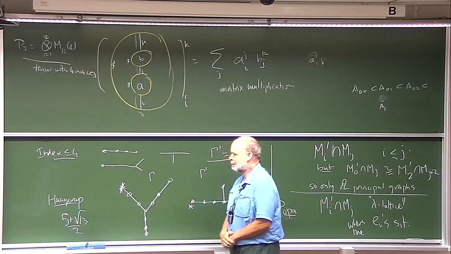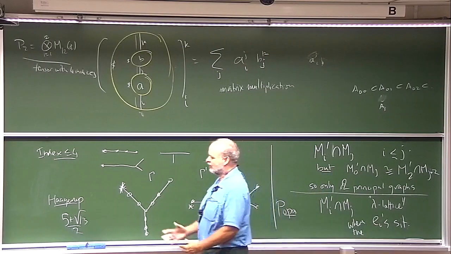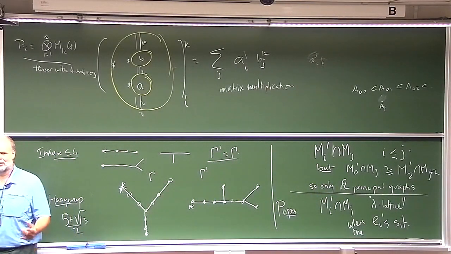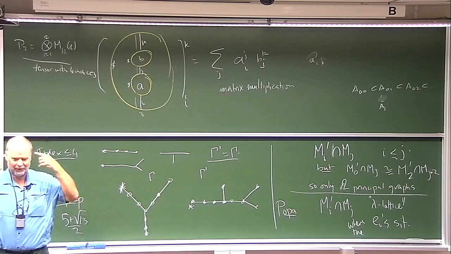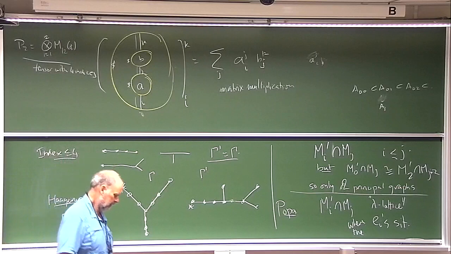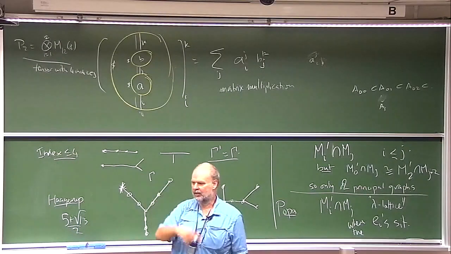I have tried very hard to draw all these pictures with nice round circles, because what's going on in my mind is that there's a very cyclic structure to the whole business.